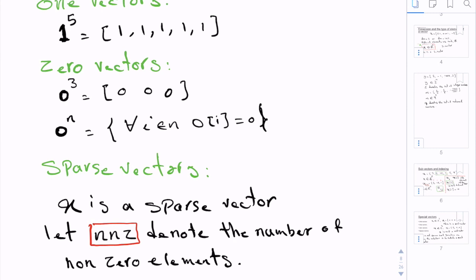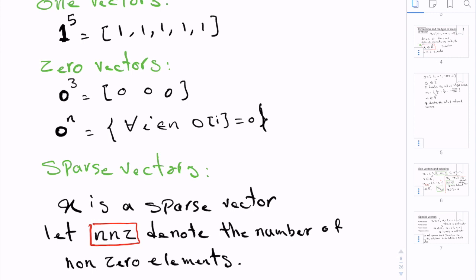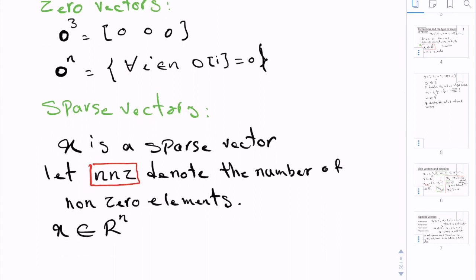Also assume that x belongs to R^n. That means the dimension of x is n, right? And then we form this ratio: the number of non-zero elements divided by n.